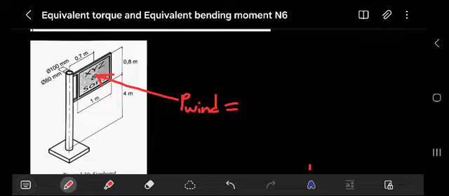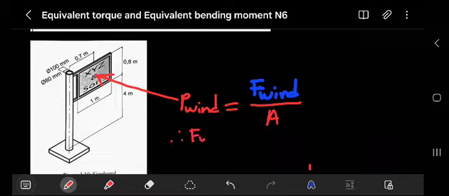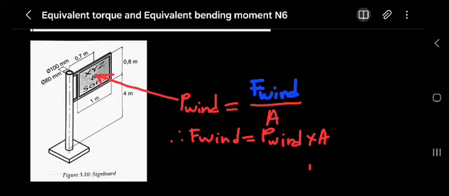The force of the wind divided by the area of the board. Let us calculate the force. Then the force of the wind will be equal to the pressure of the wind multiplied by the area of the board.